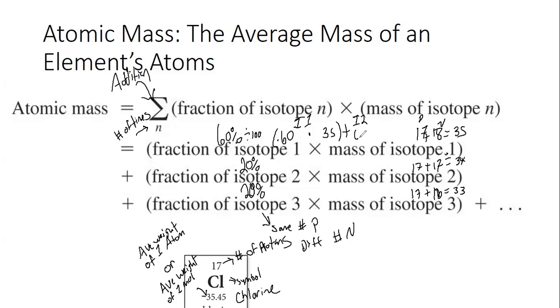The fraction of isotope 2 is 0.2 multiplied by the weight, which is 34, plus isotope 3, and I'm running out of space, so I'm going to erase here. Isotope 3 is also 0.2 times 33. So you take your isotopes, fraction times weight, fraction times weight, fraction times weight. You add them all up together to get an overall atomic mass. And that is what is reported on the periodic table when we talk about masses.